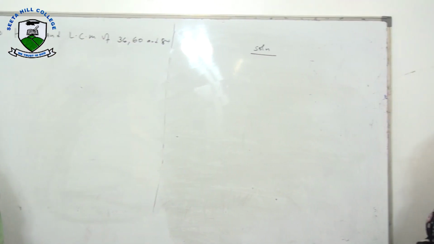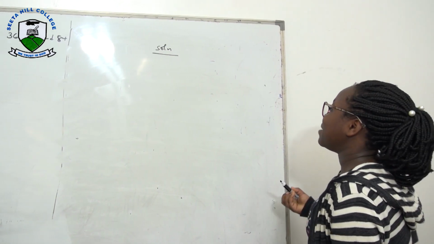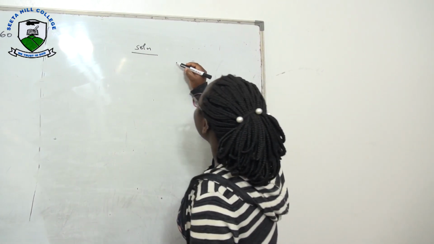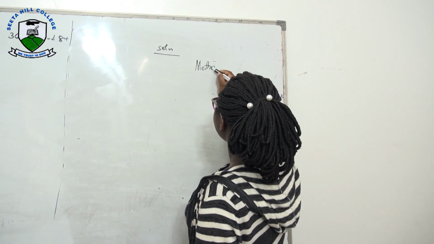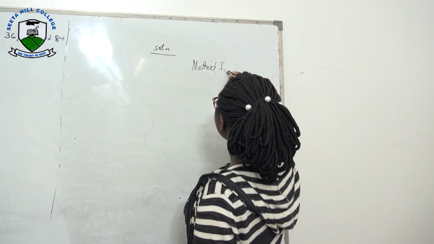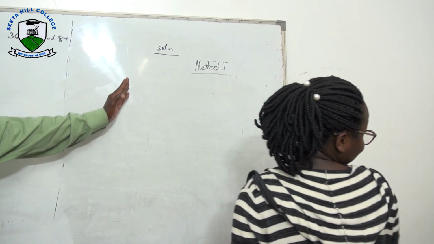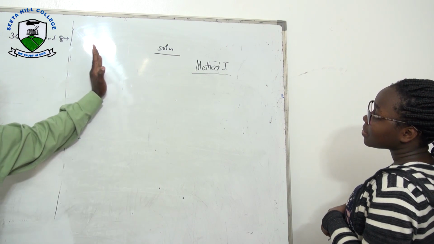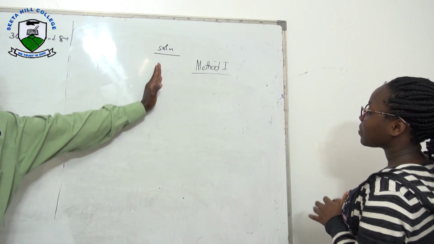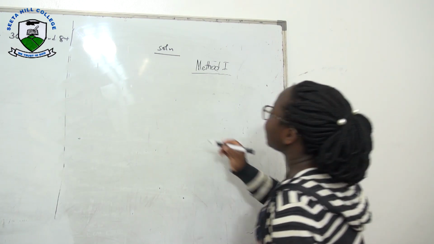The method I'm going to use is called the table method. You remember you have two parts here you will use here and here. That means use it very well.